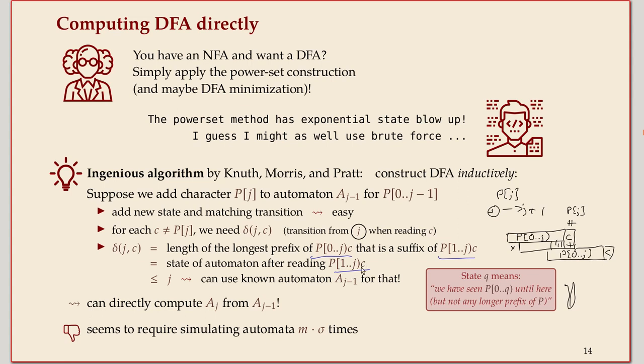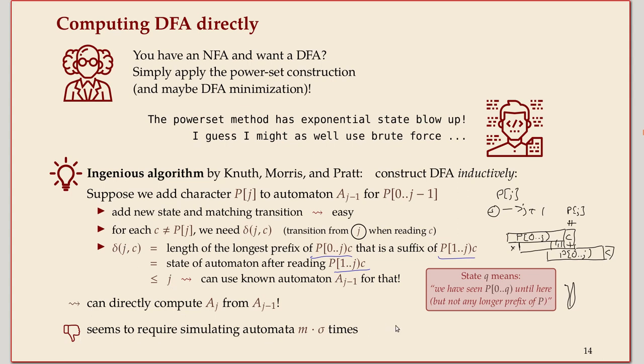That leads you to some state. We're guaranteed by the length of the thing that it will be one of the states that A_{j-1} already has, so that's well defined. And that will give you the answer for this new transition. Okay?